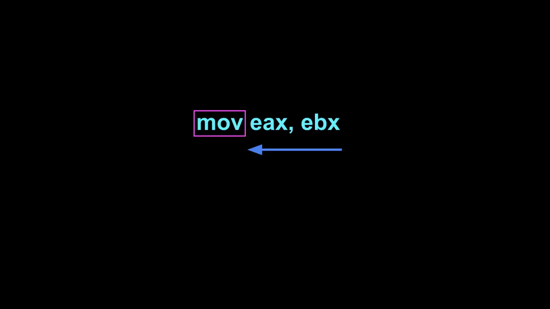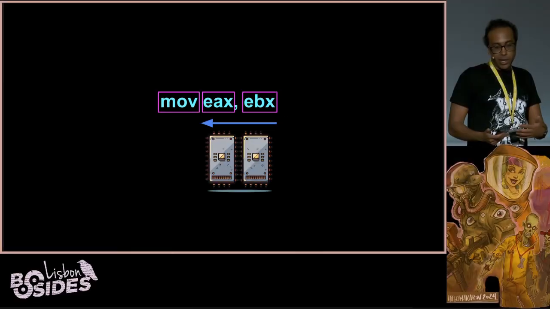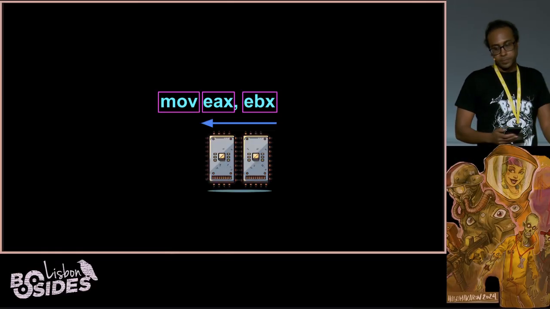And to do that, it would have to copy data from one register to the other, and then it will do something with that data. Basically, this particular instruction is a representation of a machine instruction that does a copy from a source to a destination. And in this particular case, it's 2 registers, from the EBX register to EAX.